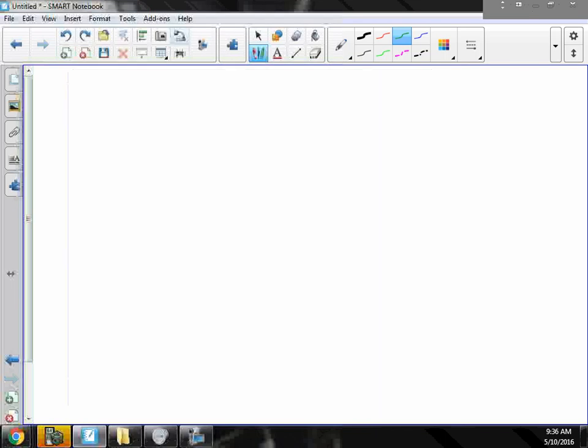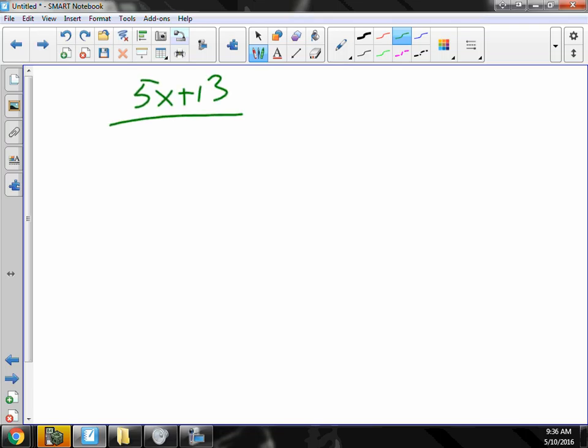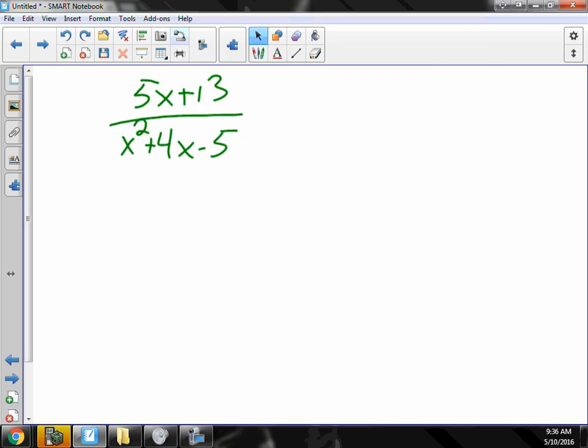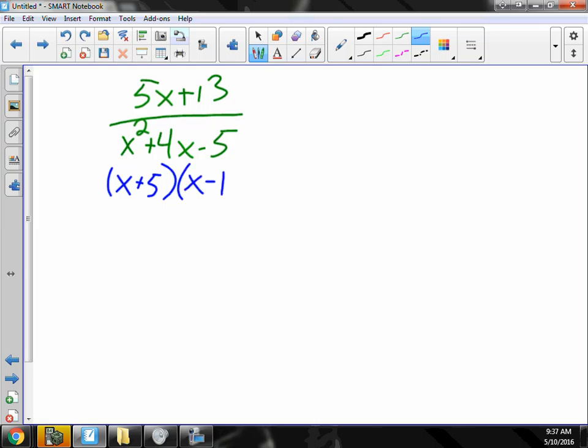All right, so 5x plus 13 over x squared plus 4x minus 5. So I need to factor the denominator. If it factors, does it? It does. So x plus 5 and x minus 1.